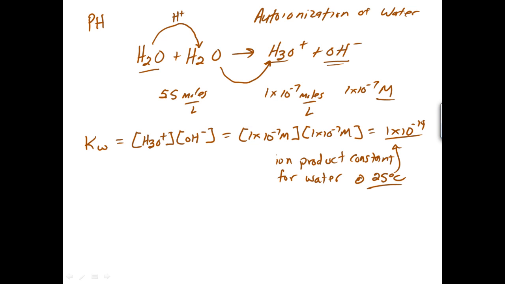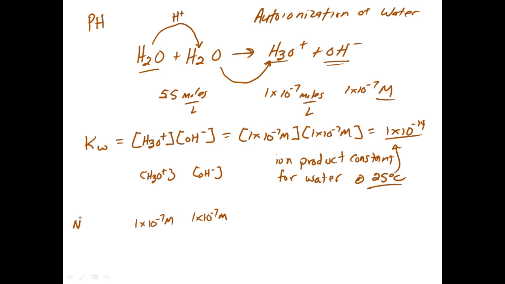Well, if we make a little table here of hydronium ion and hydroxide ion concentrations, we just talked about water having a concentration of the hydronium ion being 1 times 10 to the negative 7th and the hydroxide ion being 1 times 10 to the negative 7th.